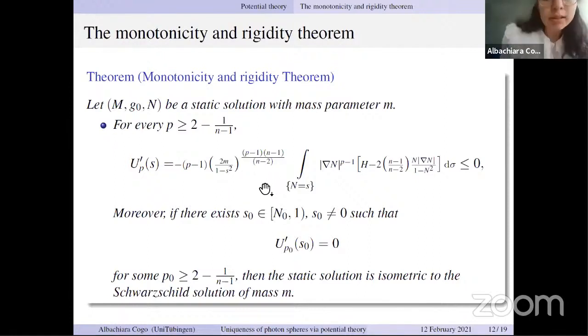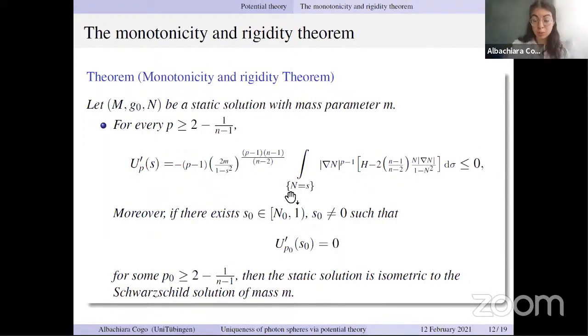Also, let's see that this derivative involves an integral over a level set of an integrand function that involves the norm of the gradient of n and the mean curvature of our level set. And in the rigidity case, if this derivative is 0 at some level set, which must not be the 0 one, because otherwise it's trivially 0 and doesn't give any information, then we have an isometry to the Schwarzschild solution.